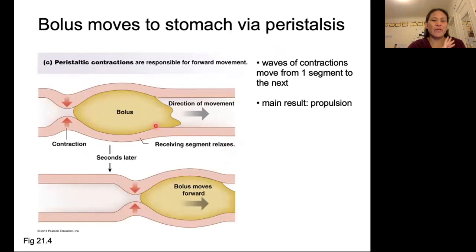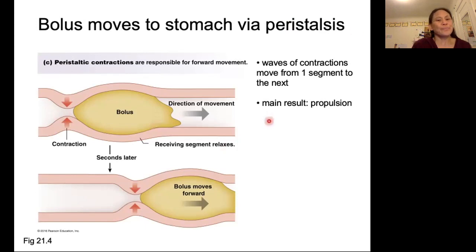I'm not going to go over the process of swallowing, but we swallow it, thereby transferring it from our mouth to our esophagus. When the bolus is in our esophagus, it gets propelled down to the stomach via a motility pattern called peristalsis.